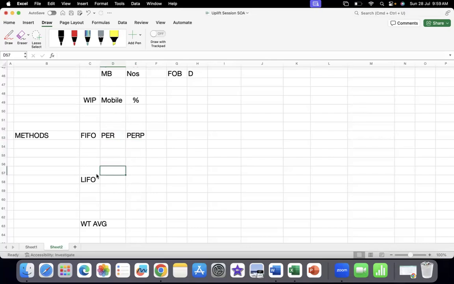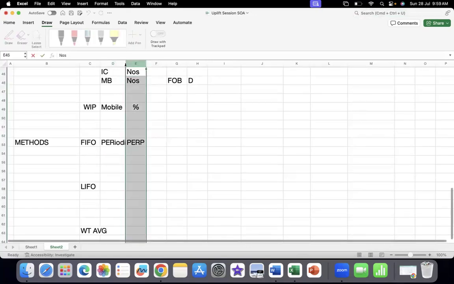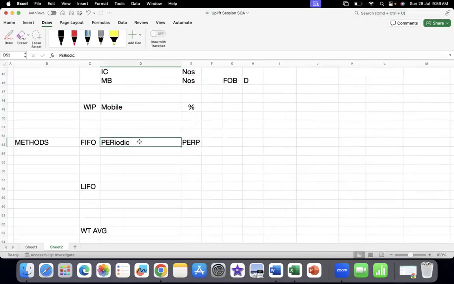So which method is the company using? Is it using FIFO and perpetual? Is it using FIFO and periodic? That means there is a difference between these two methods. So what does your periodic method tell you?